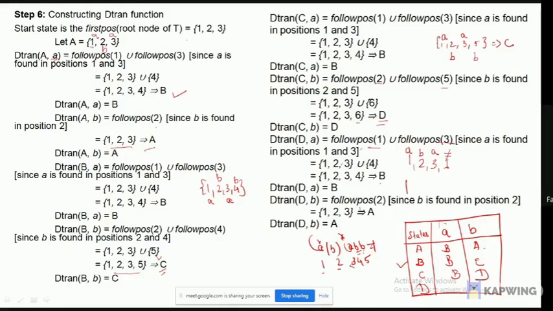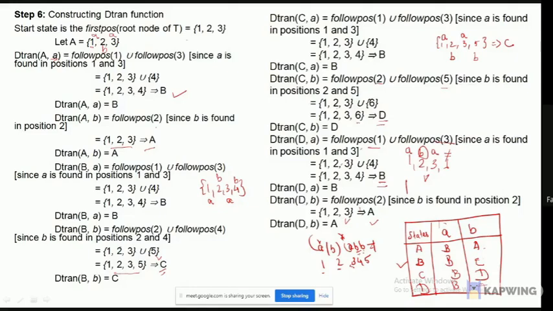That is the same as B. So let me give this as B. On the transition of b, it has to take the symbol b, so only the follow position of 2 will come. The follow position of 2 is 1, 2, 3, which is A itself. So we can complete it like this. That's all. It is easy.